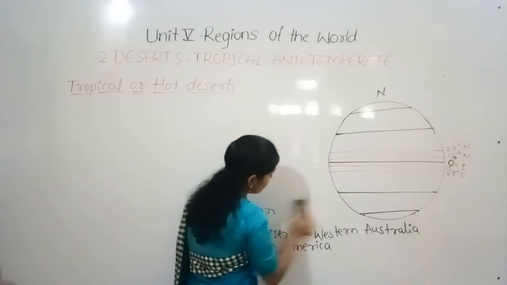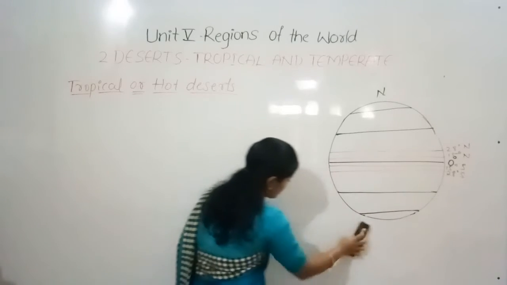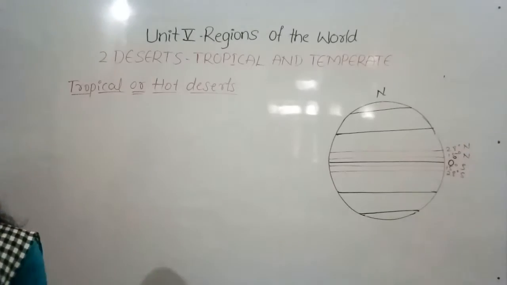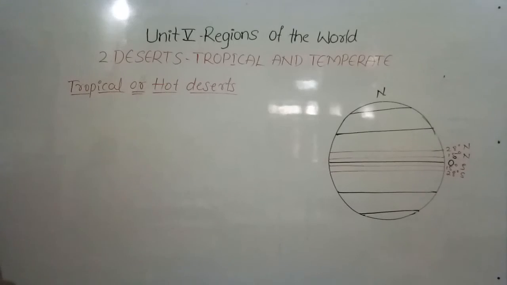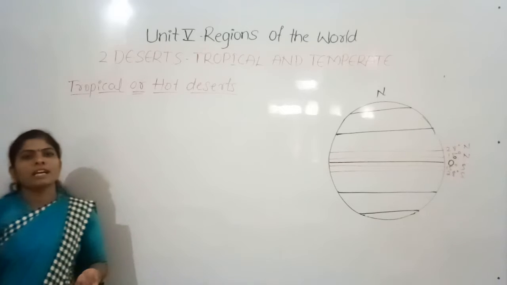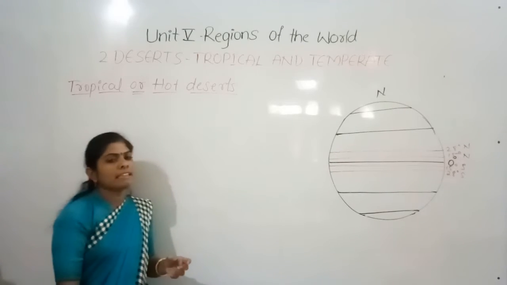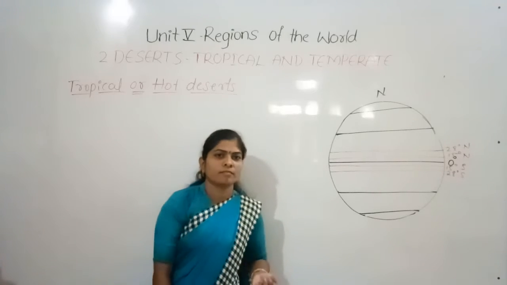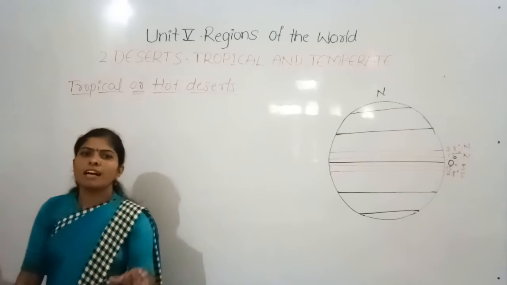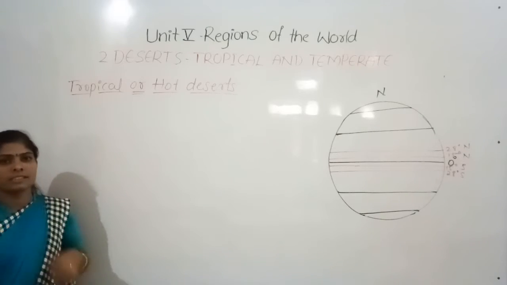That is why we give the name tropical or hot deserts, because the temperatures are high here. Since they are near the equator, the high temperature heats up the bare rocks and the loose sand, so that it is always dry. And since it gets very little or no rainfall, these are very dry and arid regions, the tropical or the hot deserts.